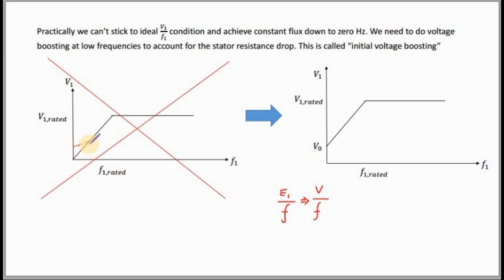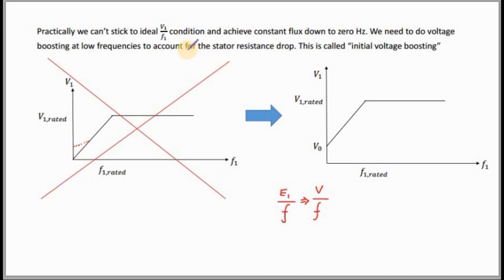So here you can see low frequencies. This is the applied voltage. I apply somewhat higher voltage here. For this point also I apply somewhat higher voltage. This point, this is the applied voltage, we apply somewhat higher voltage.